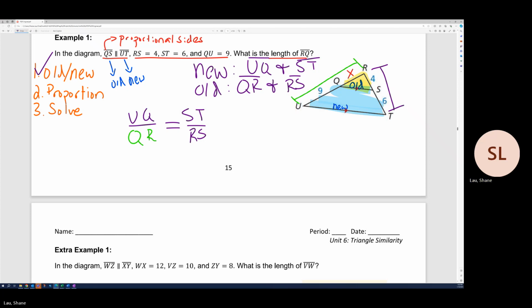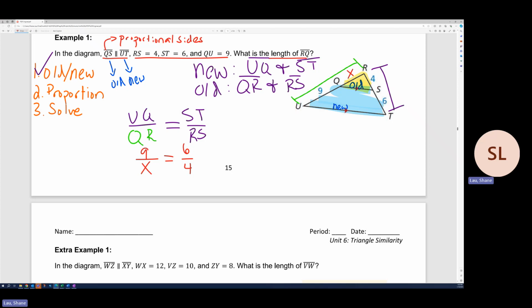And so from here, we can just solve. It'd be super simple for us. We're going to plug in all the values that we do know. So UQ we know is 9. QR we know, we just said it was x. ST we know is 6. And RS we know is 4.